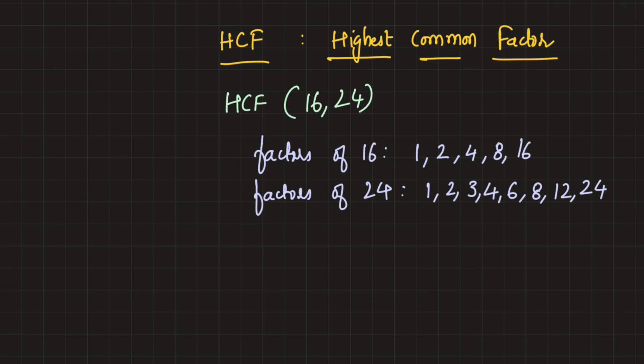Now we need to identify what are the common factors. So 1 is a common factor, so is 2, 4 and finally 8. And we can clearly see that 8 is the largest common factor. So in this case, HCF of 16 and 24 equals 8.